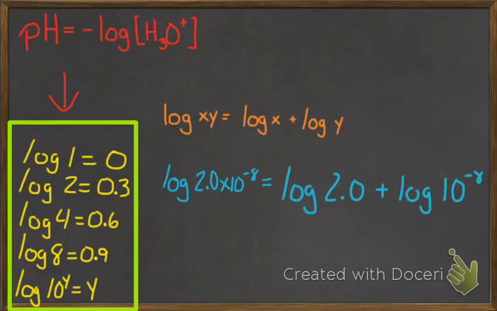If I refer to my chart on the left hand side, I can see that the log of 2 is 0.3 and the log of 10 to the negative 8th is just whatever the exponent is going to be.